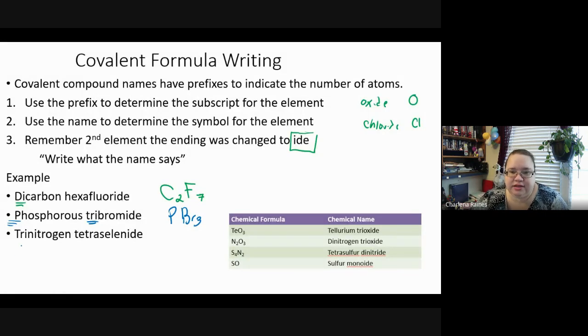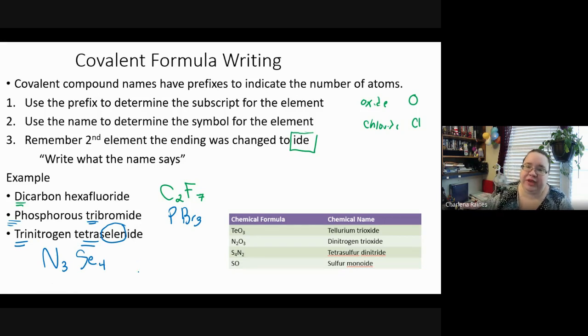And last, I do example, trinitrogen tetraselenide. Trinitrogen, N3. Tetraselenide. Okay, I don't find selenide on the table, but I do find selenium. That first syllable is there, and it is Se, and tetra is 4.